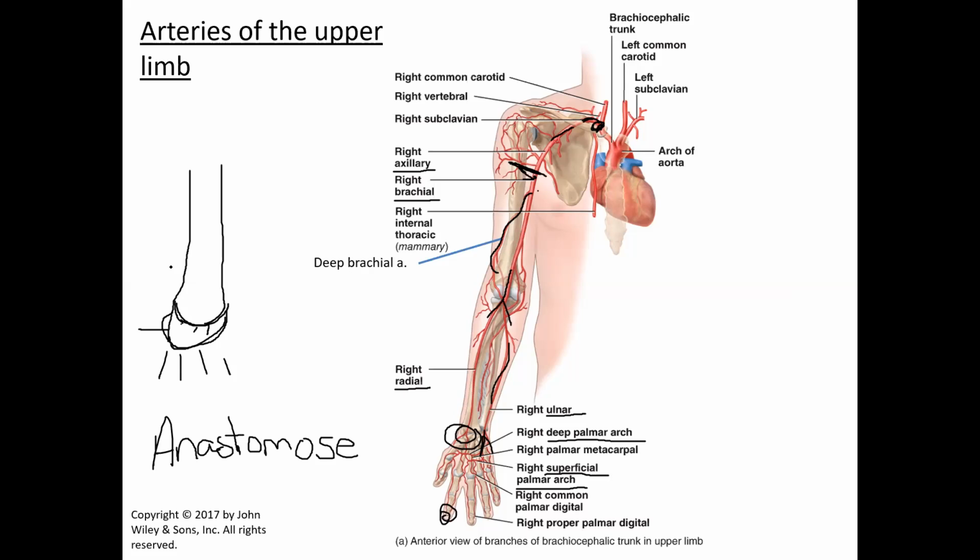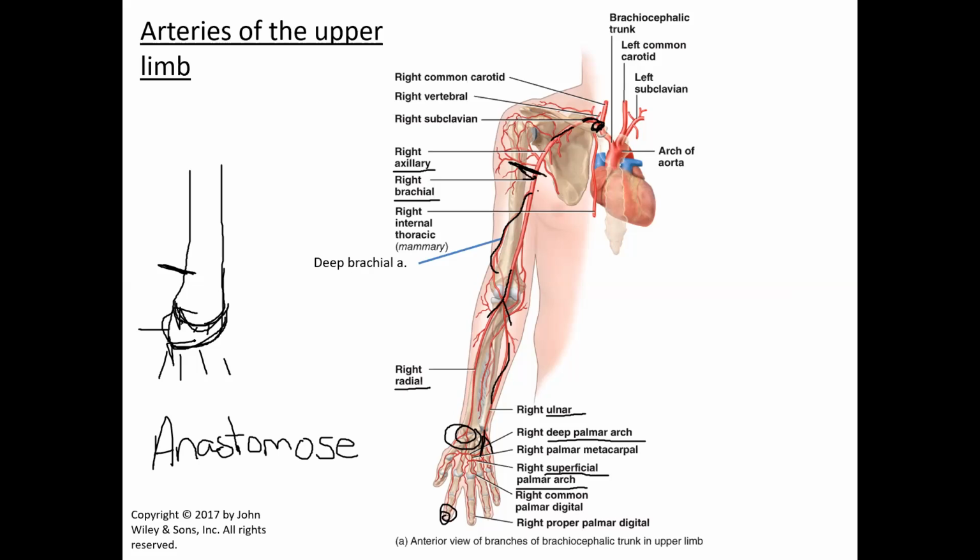So if for some reason there's a blockage in the radial artery, that's okay, because the ulnar artery can now supply both of these arches, and all your fingers are still going to get blood. If they don't get blood for more than a few minutes, you start having cell death. So it's really important that we have extra coverage, especially in certain areas of the body. The superficial and deep palmar arches are getting blood from both the radial and the ulnar artery.